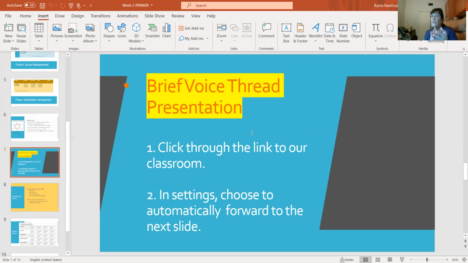This is in your VoiceThread settings. That way we don't have to click from slide to slide to make it go forward when we replay it. The other thing is that you don't need to use VoiceThread if you'd prefer to use Screencast-O-Matic. Use whatever you want, but make sure that you give us a link that we can actually go in and review your presentation.